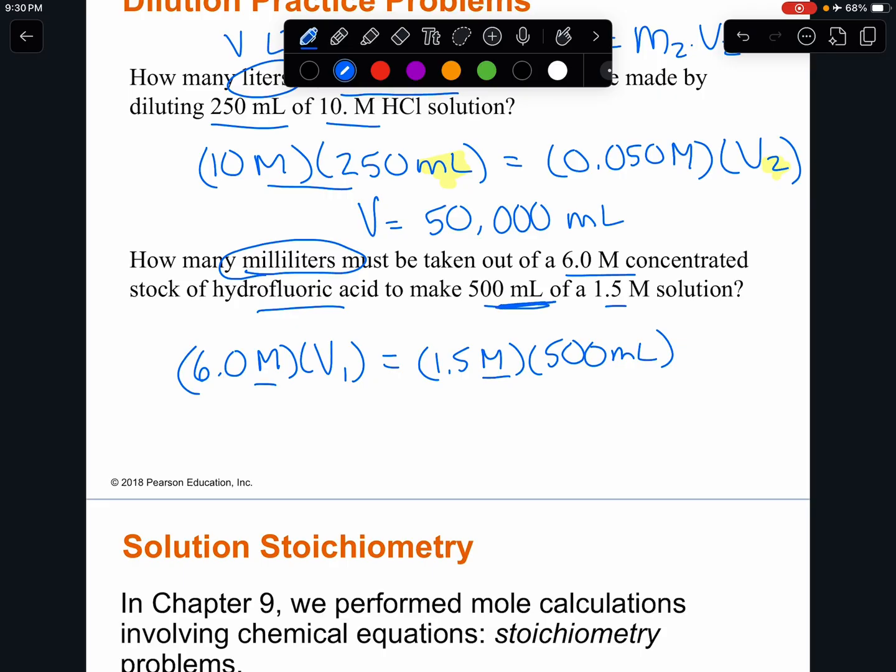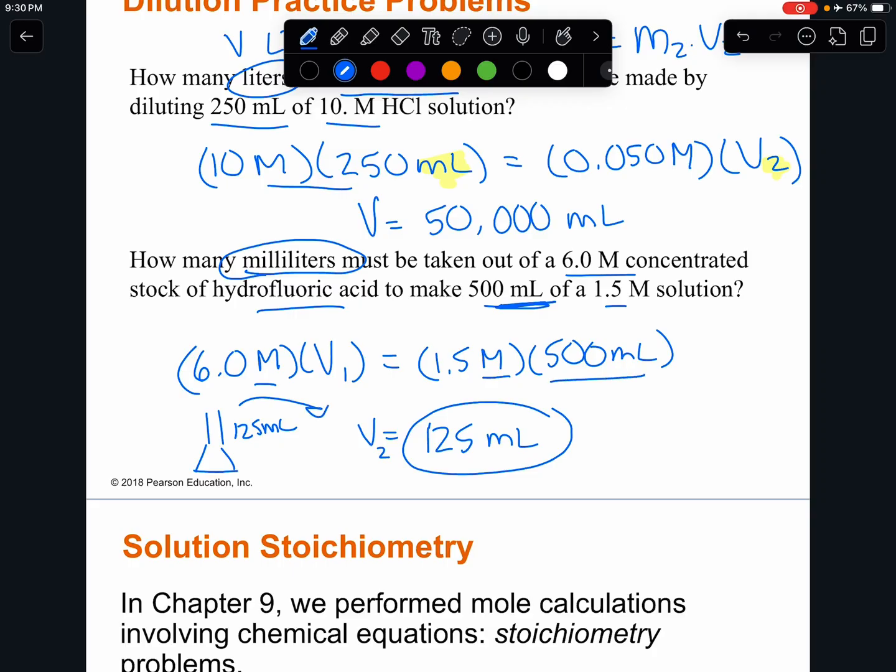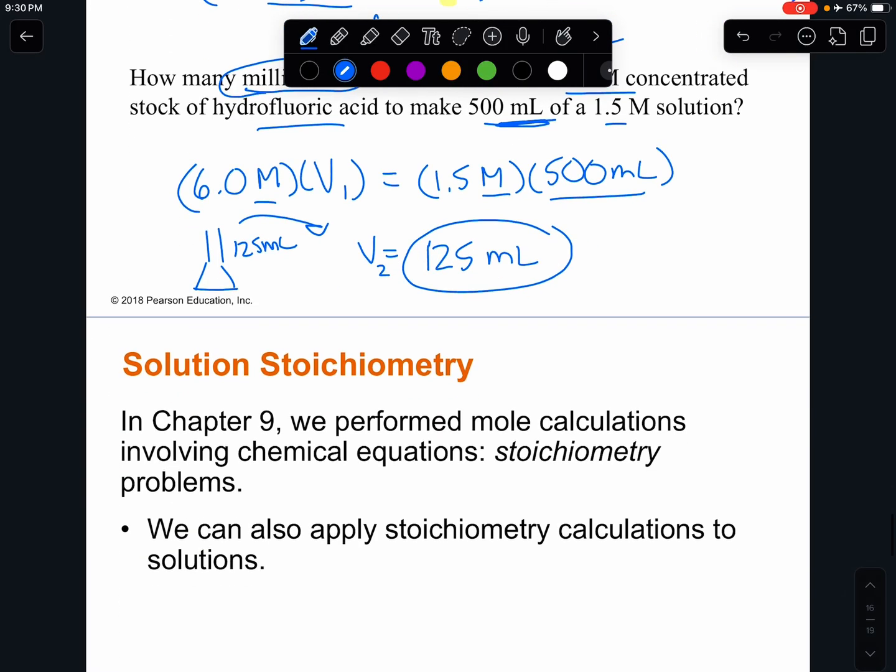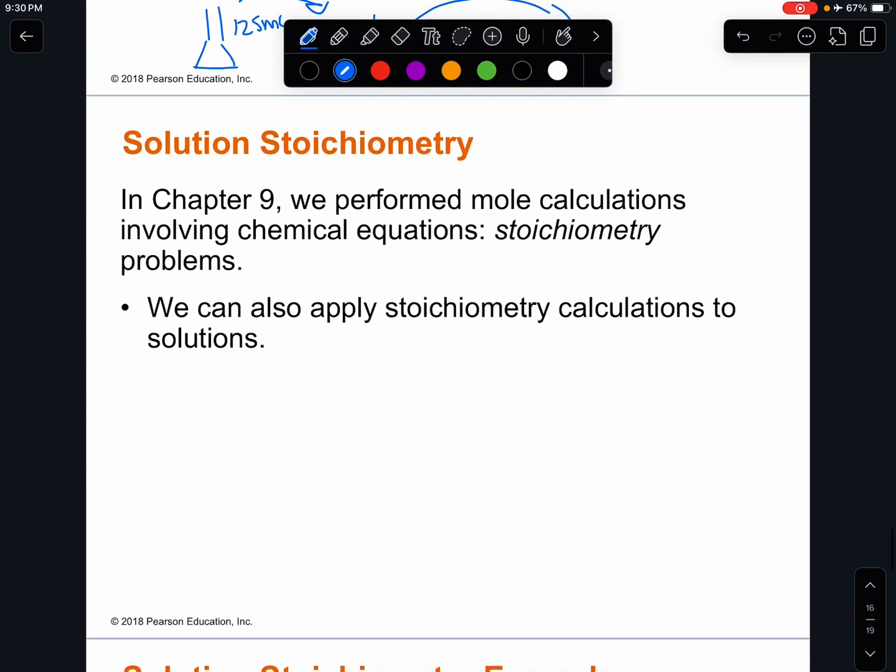So since I'm looking for milliliters, I'm going to leave this in milliliters. So to do that math, I'll do 1.5 times 500, okay? And then I'll go ahead and divide it by 6, and I'll get my V1 to be 125 milliliters. Okay, so with my 6 molar solution here, I would take 125 milliliters out of it, put it into my new one, which is 500, and I would go ahead and fill that up and make a 1.5 molarity solution. Okay.